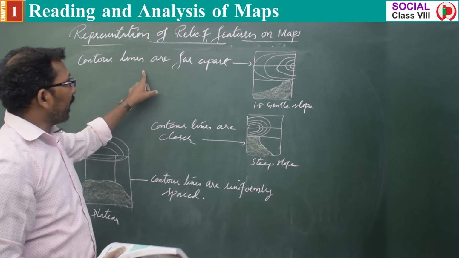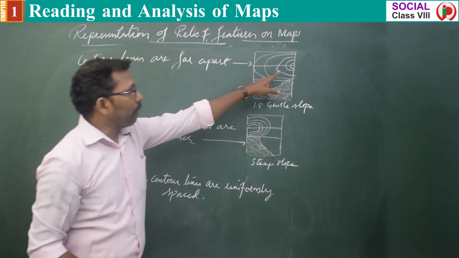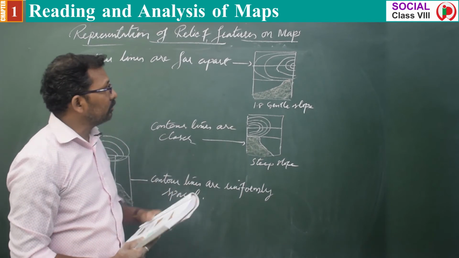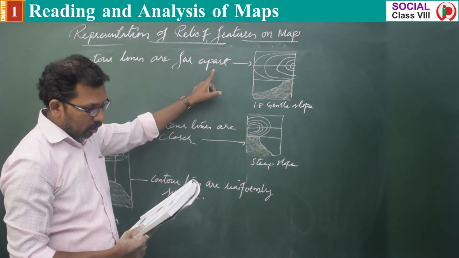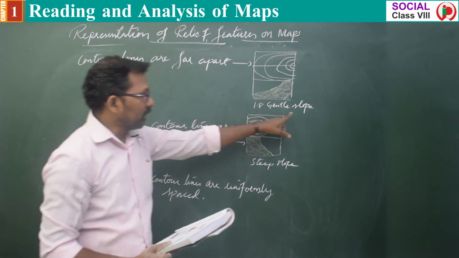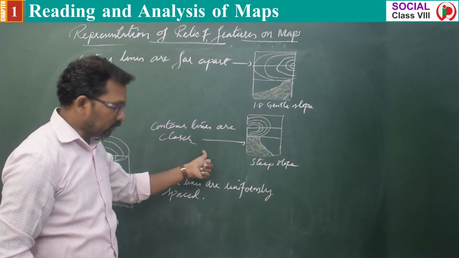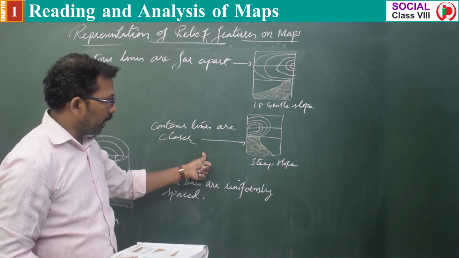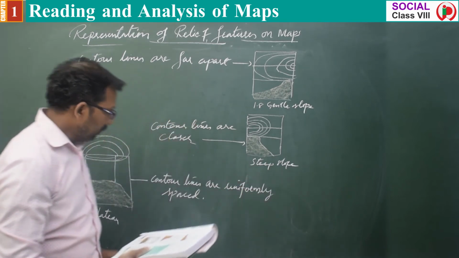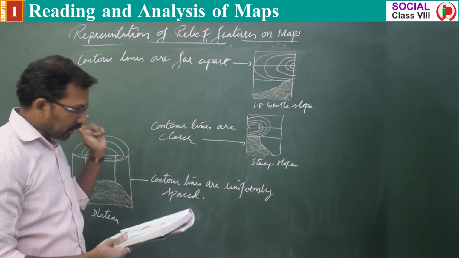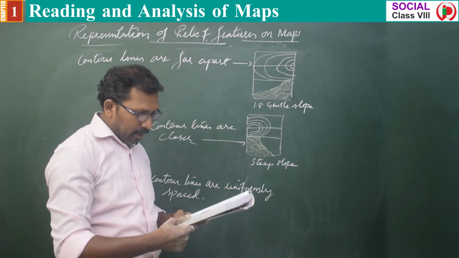So the contour lines which are far apart are called a gentle slope. The contour lines which are closer together are called a steep slope, whereas in the plateau the contour lines are uniformly placed.